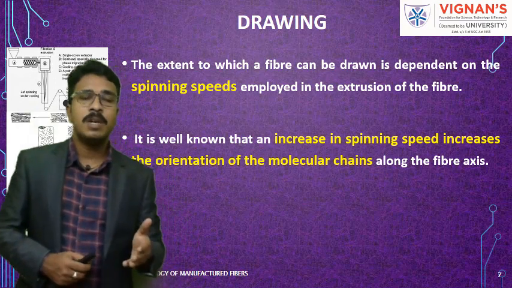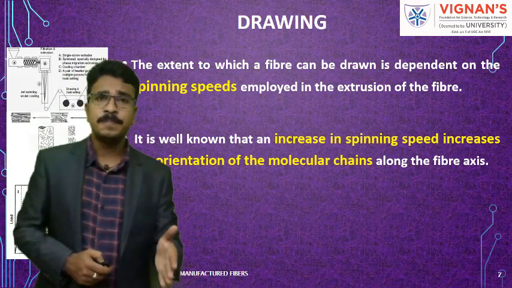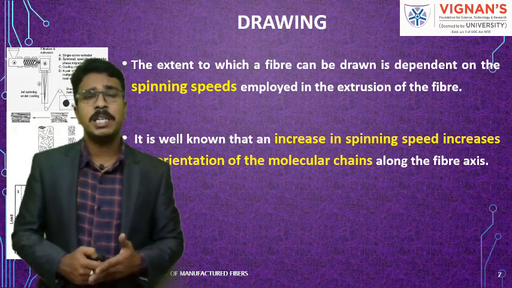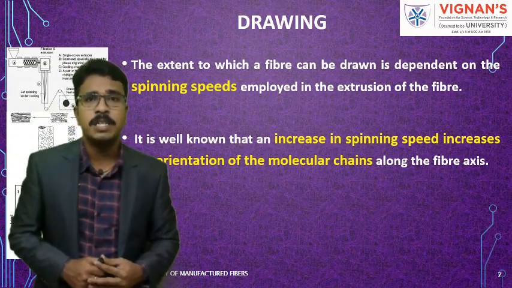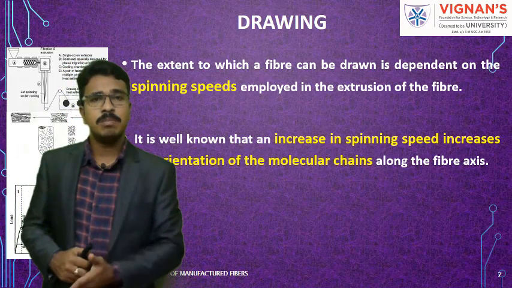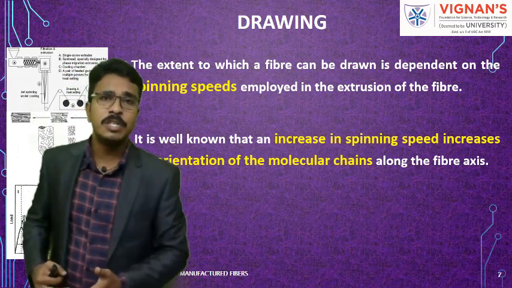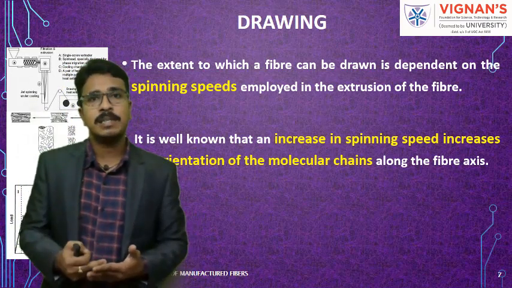Suppose you are going at 1500 meters per minute or 2000 meters per minute spinning speeds, you have to make a separate drawing arrangement to improve the orientations.